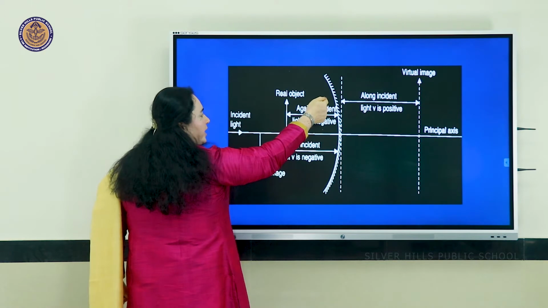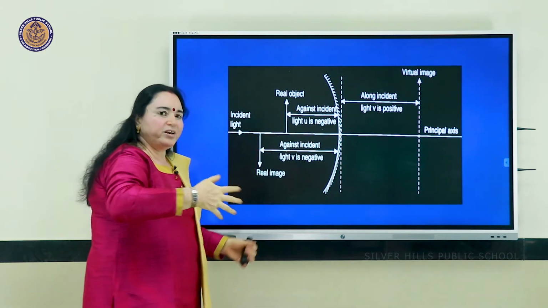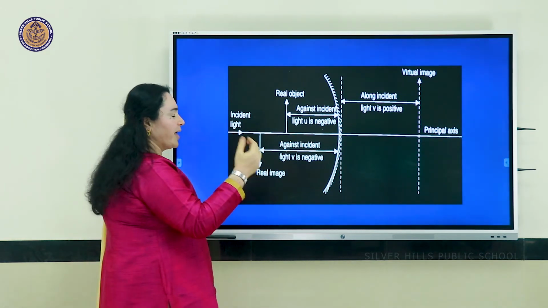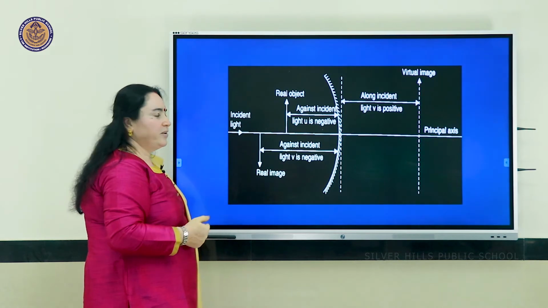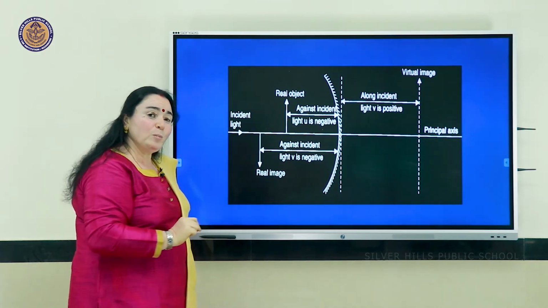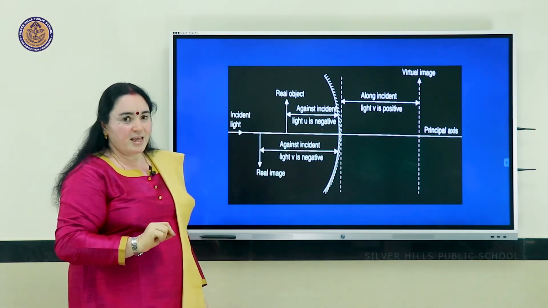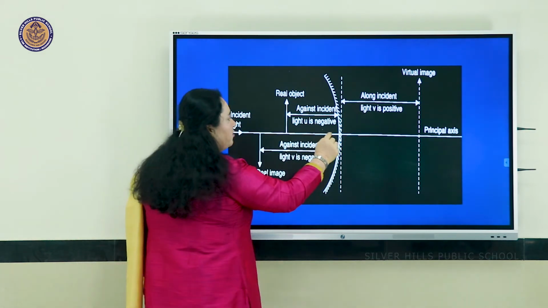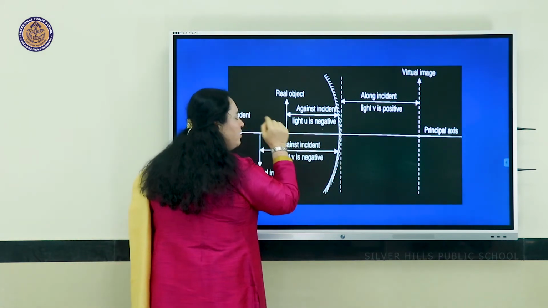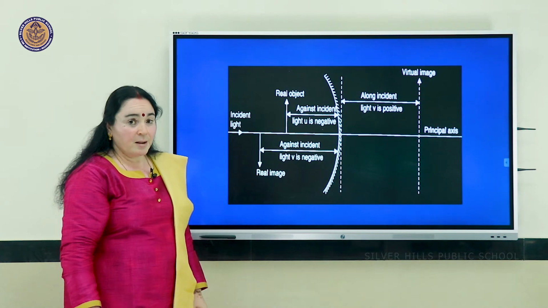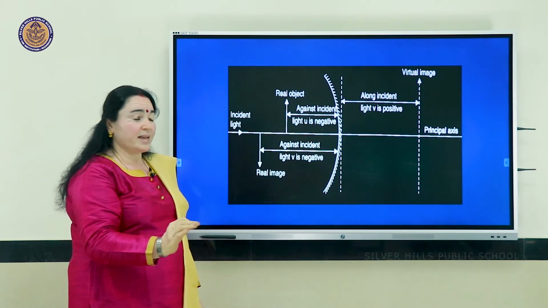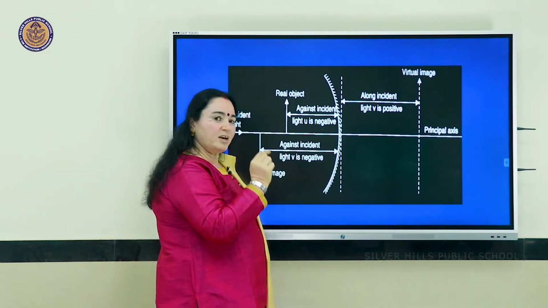After reflection, it is going to go in whatever direction it wants. Applying the rules, it will go in different directions. But if I have to measure the object distance, it is going to be from the pole to the point where the object is lying. The convention says that all the measurements should be taken from the pole.